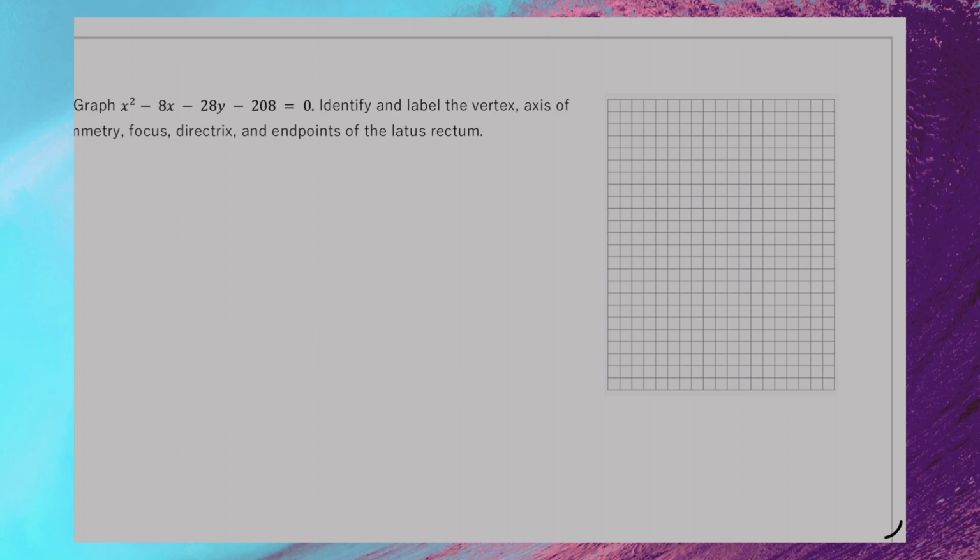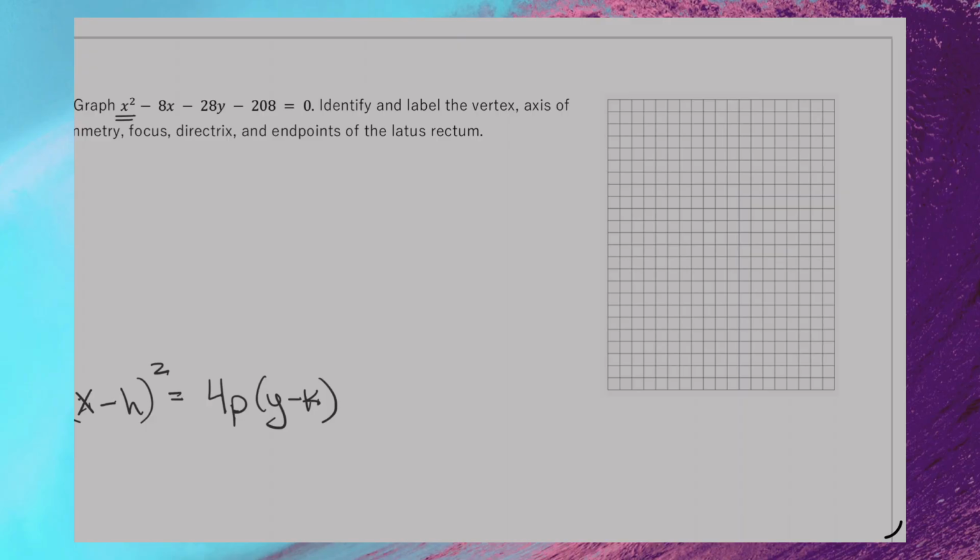Now, remember, this one's going to have an x squared, and so the form that we're ultimately shooting for is (x minus h) squared equals 4p times (y minus k) in a grouping.